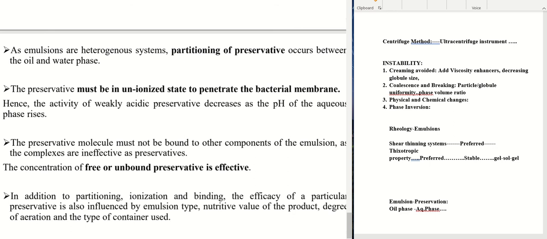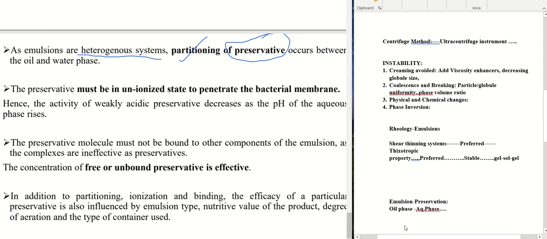As emulsions are heterogeneous systems, meaning they have both an aqueous phase and an oily phase, the preservative that we add should actually partition between the two phases.